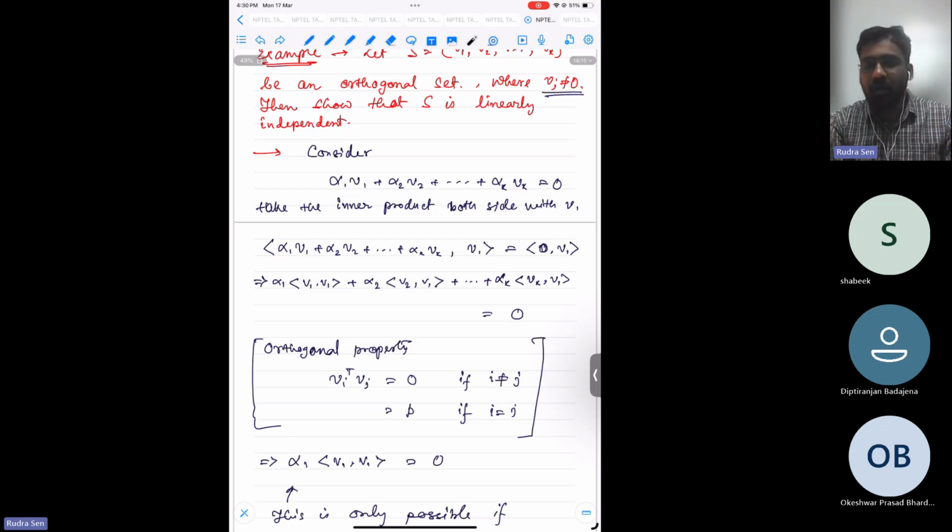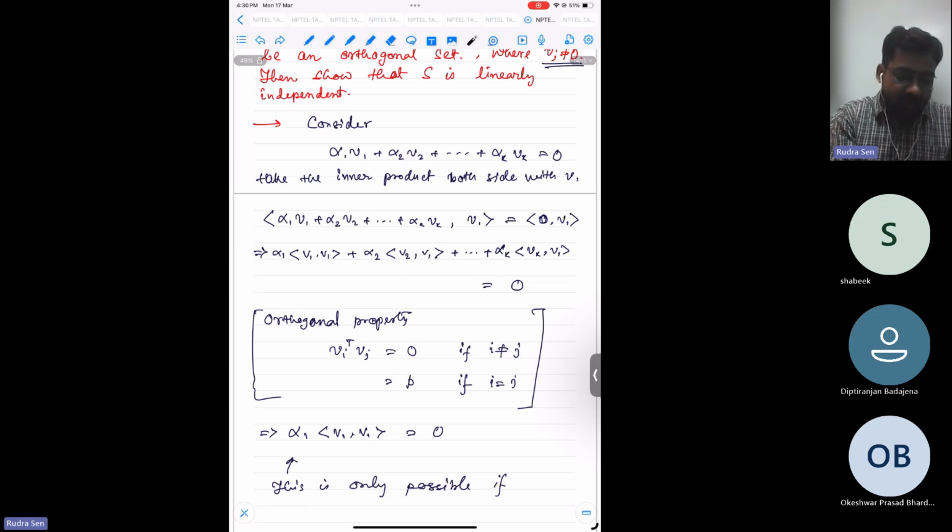If it is orthogonal, we get some non-zero value. So the Vi transpose Vj term would be 0 and only one term will exist. Since none of the Vi's are 0, this is some positive number. And this equals 0, which implies that alpha 1 should be 0. Now you can do a similar experiment.